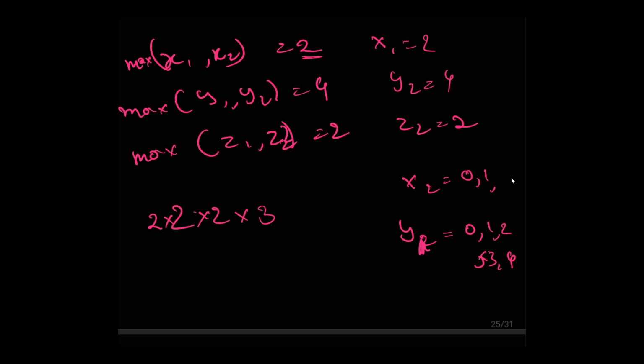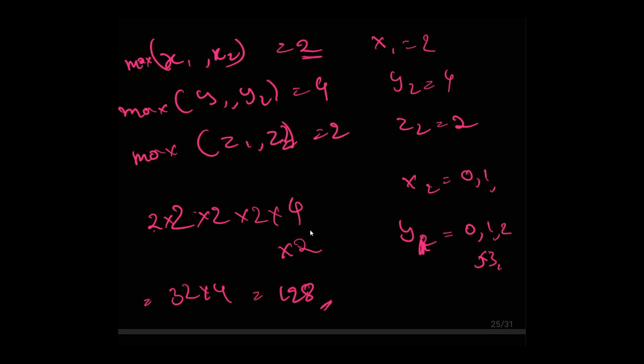Let us remove the equal ones. First we will see only these ones. This will be 2 times, this will be 1 2 3 4, and for z1 again 2. Therefore the number of ways in which both are not equal, for x1 and x2, y1 and y2, z1 and z2, will be 32 into 4, 128 ways.